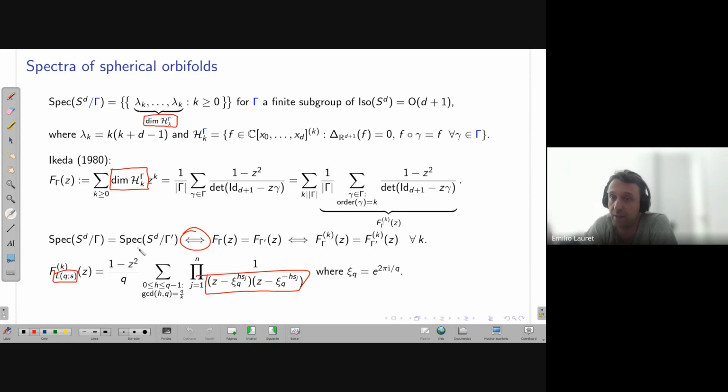There are already examples of one Kähler manifold isospectral to something that does not admit any Kähler structure.